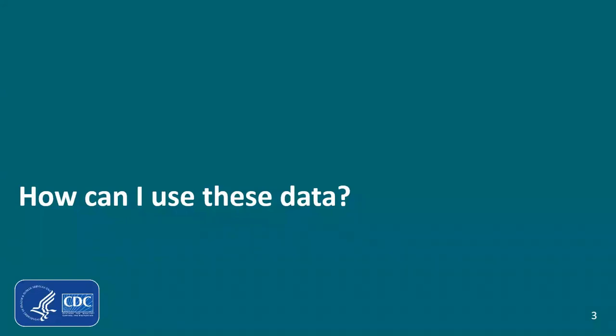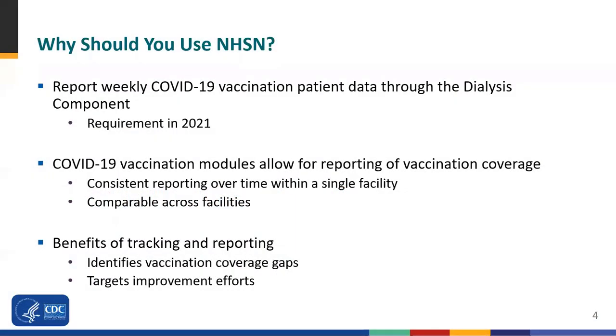So now we'll go over how NHSN data can be used to improve COVID-19 vaccination coverage in dialysis facilities. By participating in NHSN, dialysis facilities can report COVID-19 vaccination data for patients each week through the Dialysis Component.